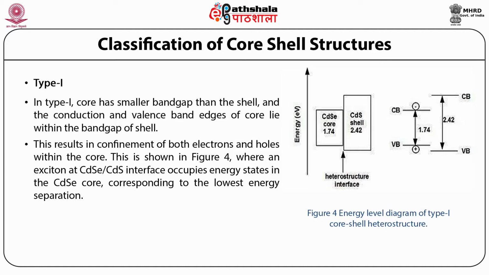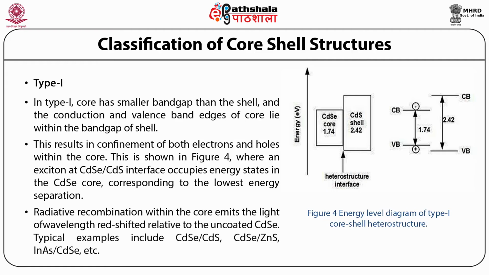This is shown in figure 4, where an exciton at cadmium selenide or cadmium sulfide interface occupies energy states in the cadmium selenide core corresponding to the lowest energy separation. Radiative recombination within the core emits the light of wavelength which is redshifted relative to the uncoated cadmium selenide.